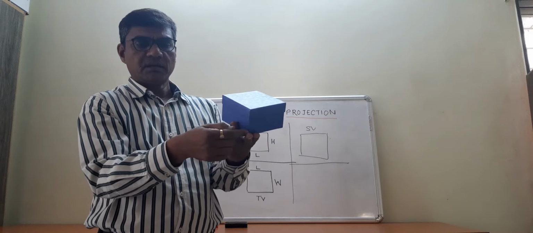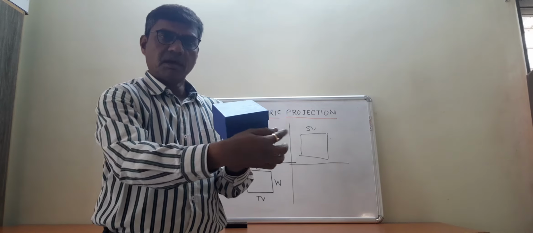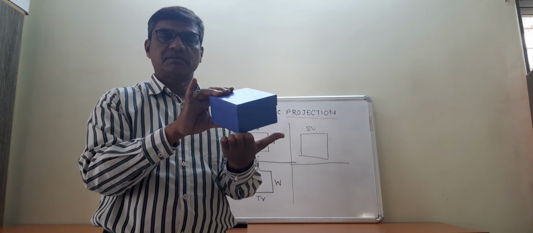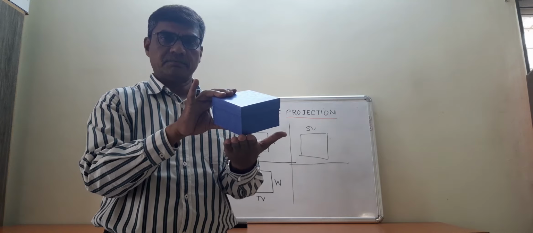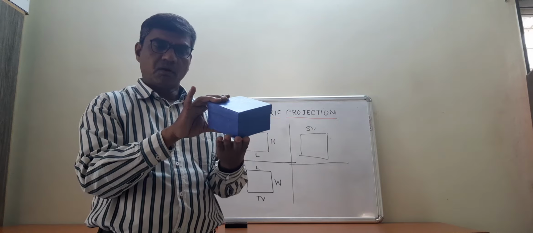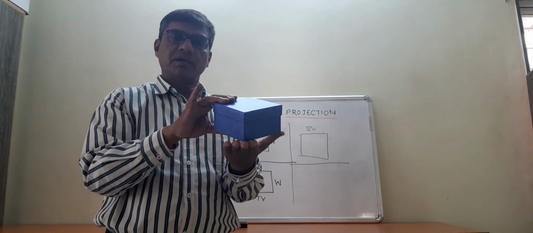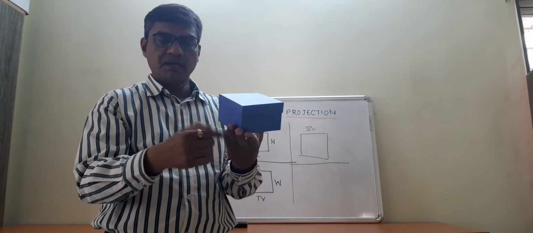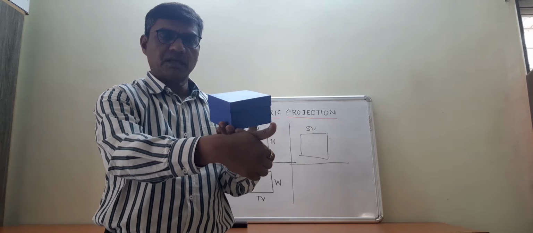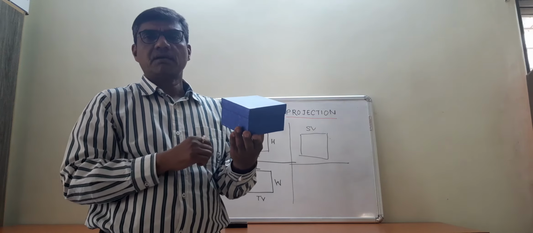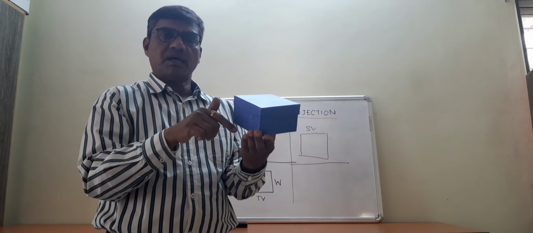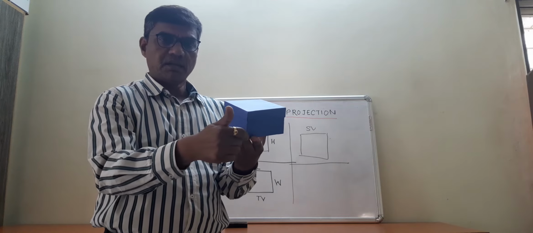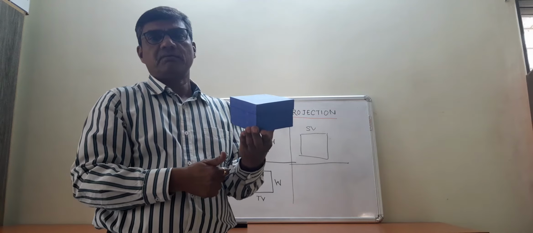So from the origin two lines are coming out, going away by making a fixed angle with the ground line. Now this fixed angle on both sides in isometric is 30 degrees. So 30 degrees with the ground line here and 30 degrees with the ground line there. These two lines are coming out. One of these lines will represent the length of the object. The other line will represent the width of the object.